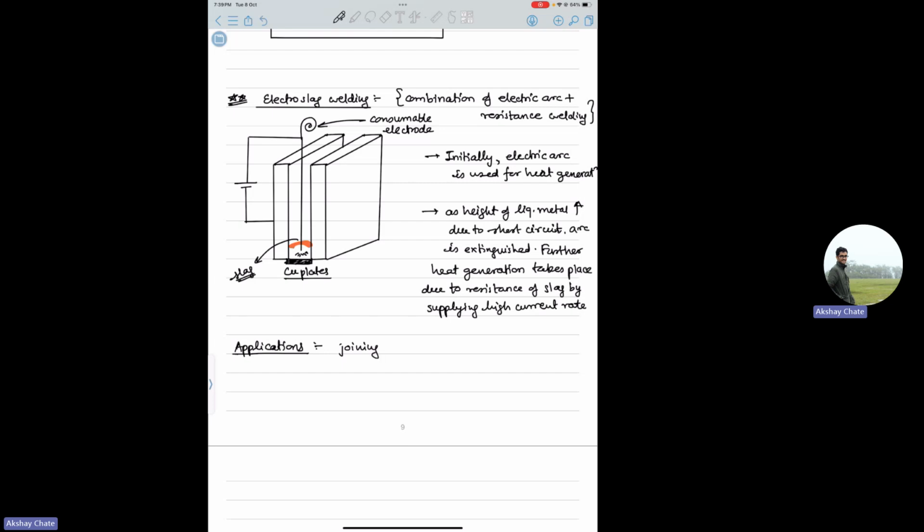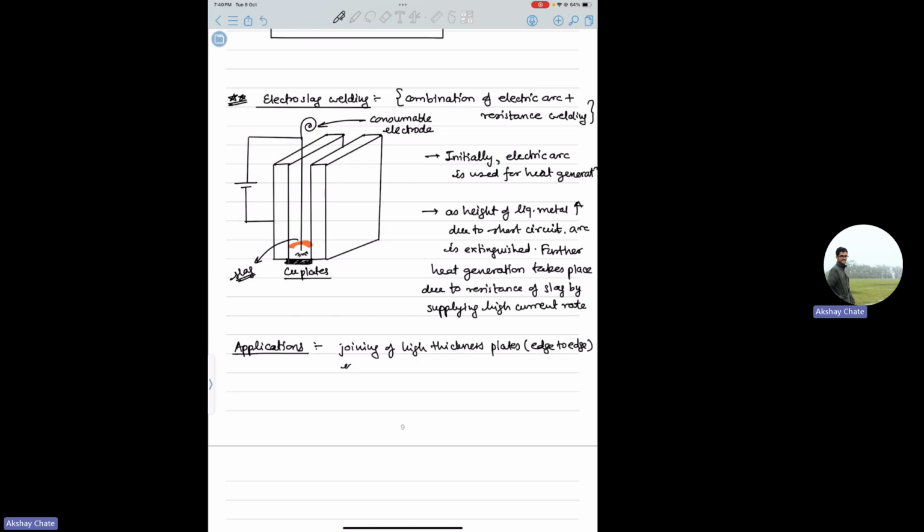It comes in handy because of joining of high thickness plates, and this joining is edge to edge. It's not a smaller edge. It's like surface to surface.